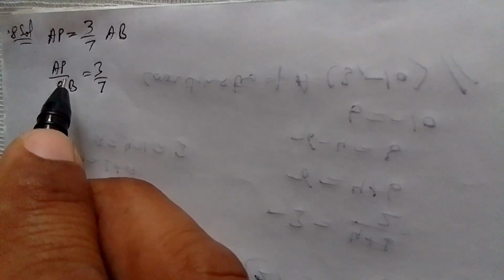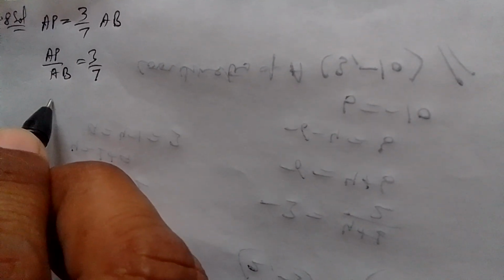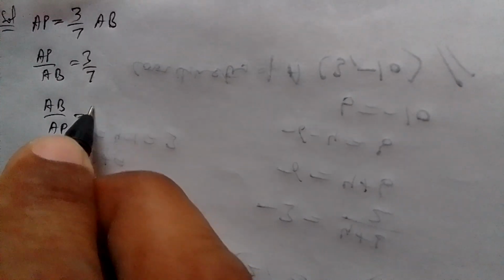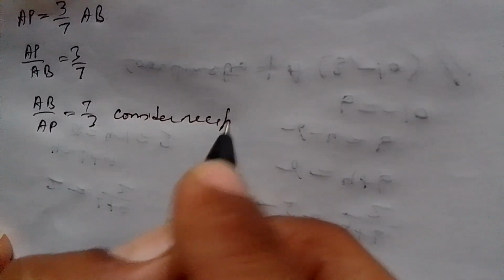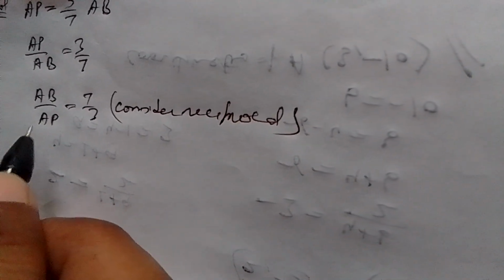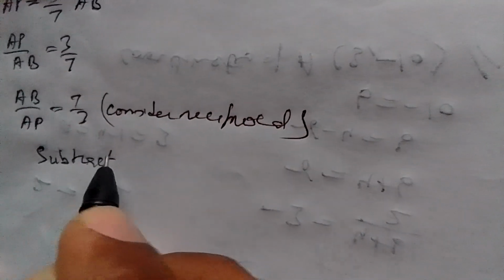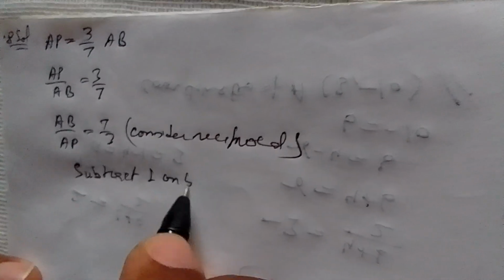Now we will take the reciprocal of this. It will become AB divided by AP is equal to 7 by 3. Consider the reciprocal of the equation. So now subtract 1 on both sides.